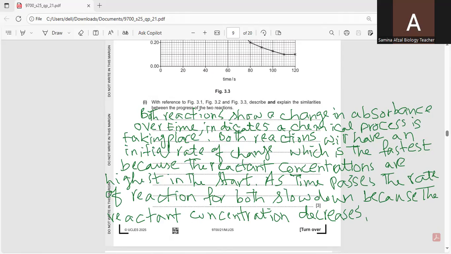And then both reactions eventually tend to level off.